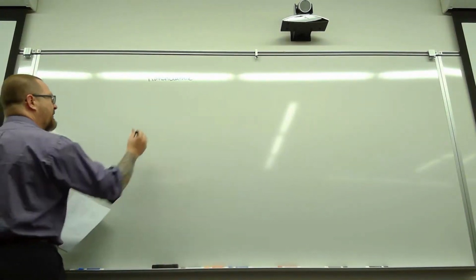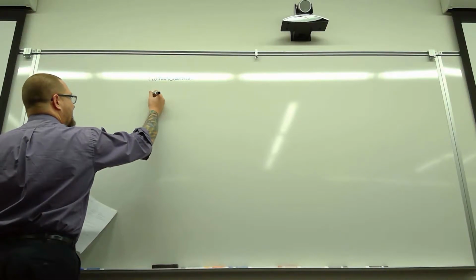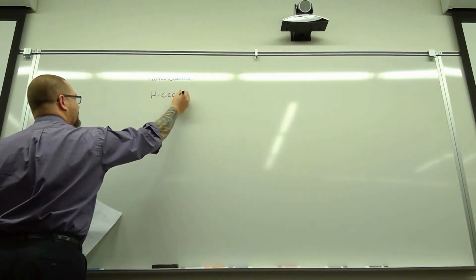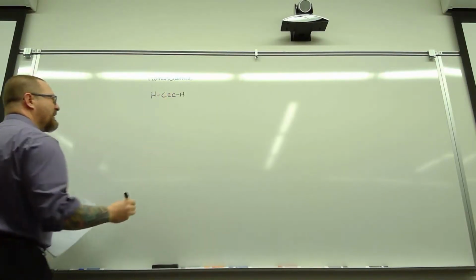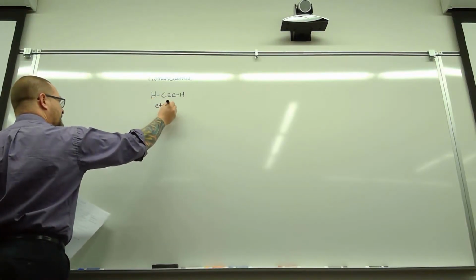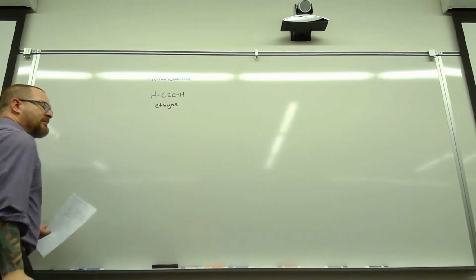So a couple of common names. Alkynes have a really unfortunate, I'm going to steal the book's term, unfortunate common name. Because this is ethine.